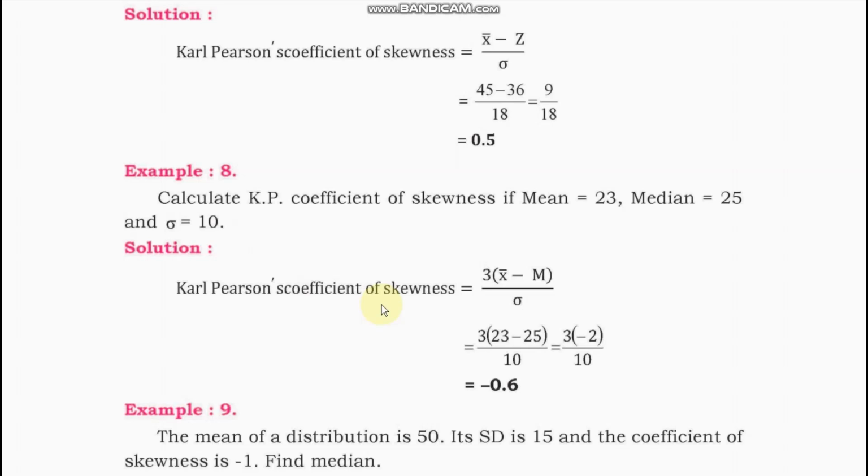The formula is 3 into (x bar minus M) divided by sigma, that is 3 into (23 minus 25) divided by 10, that is 3 into minus 2 divided by 10, that is minus 0.6. Since the answer is a negative value, the distribution is negatively skewed.